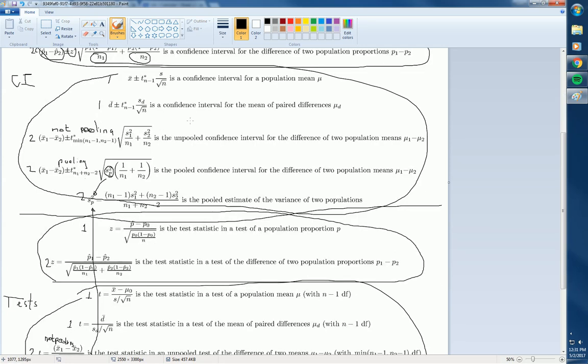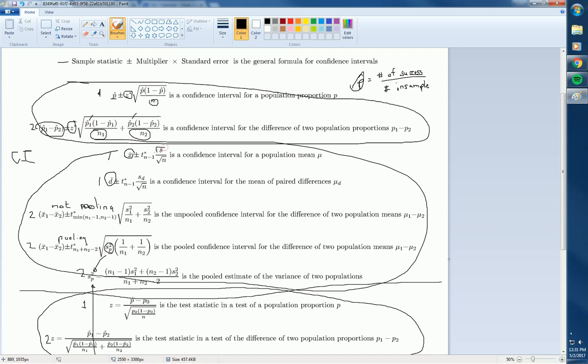Now moving on to confidence intervals for means, you have x bar, that is the average of your sample, or d bar, which is the average of your sample of differences. You have s, which is the standard deviation of your sample, or s of d, which is the standard deviation of your sample of differences. And your sample size.